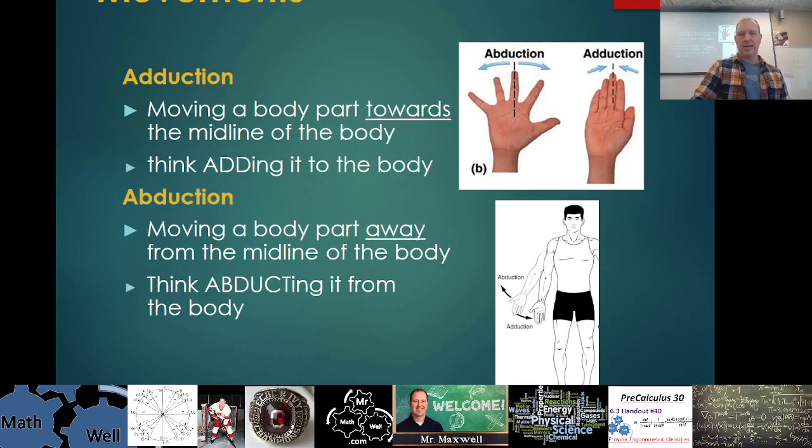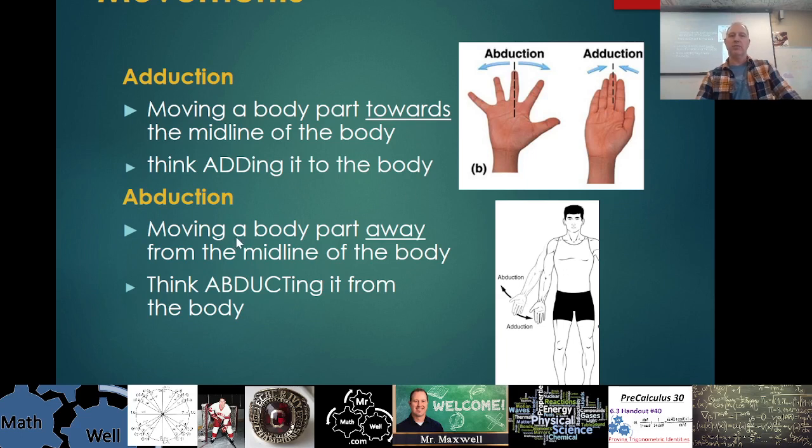Adduction: moving a body part towards the midline of the body. Think adding to the body. If you think about your hands like this, or your arms coming down, your fingers coming together towards the midline of a structure or your body, you're adding to.